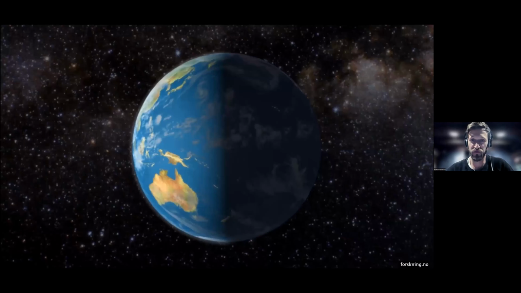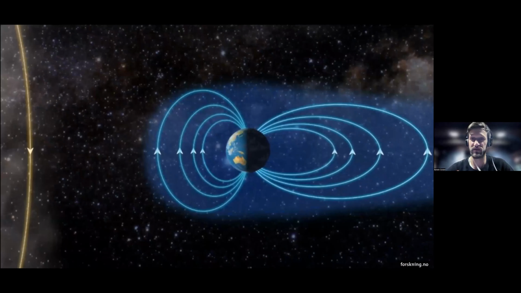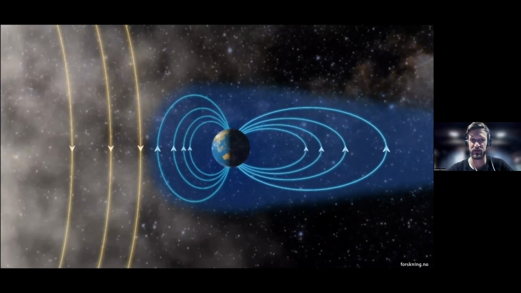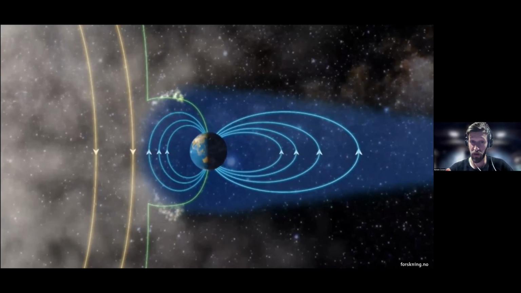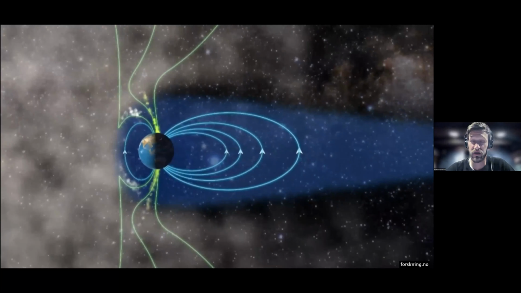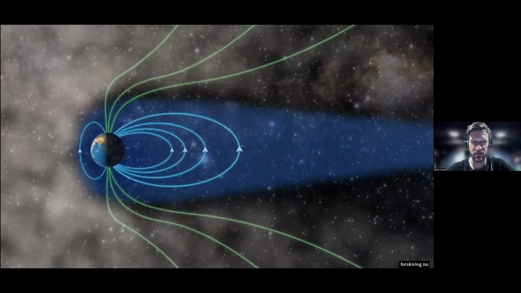So I thought first I could show a quick movie showing what magnetotelluric is, for people that don't know much about it. What you can see here is our planet Earth and its magnetic field being disturbed by solar activity. Often it gives rise to the northern lights that you all know.